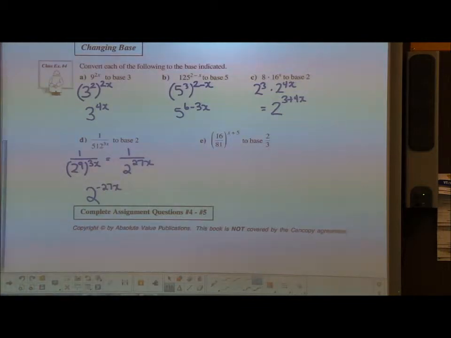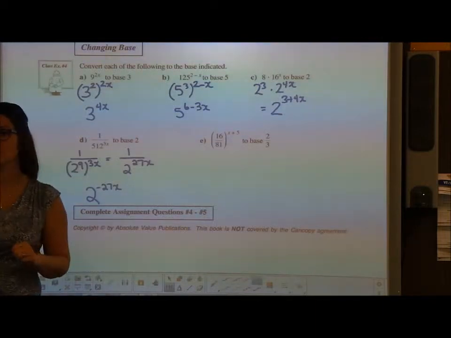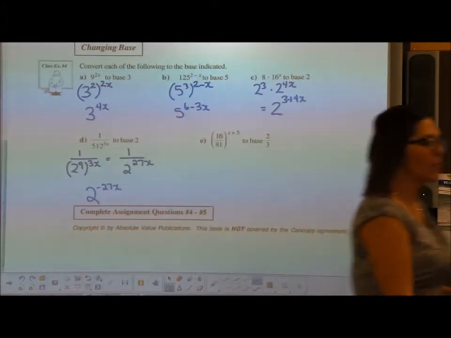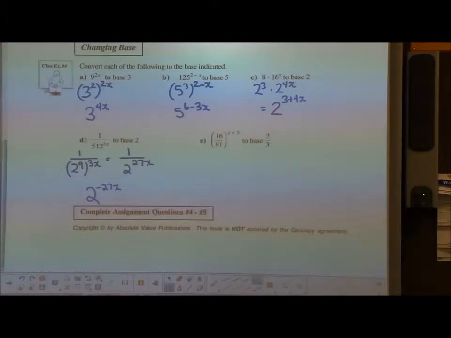And then the last one, 16 over 81 to the power of x plus 5, and I want to use the base of 2/3. So 2 to the power of what equals 16? 2 to the power of 4. And is 3 to the power of 4 equal to 81?